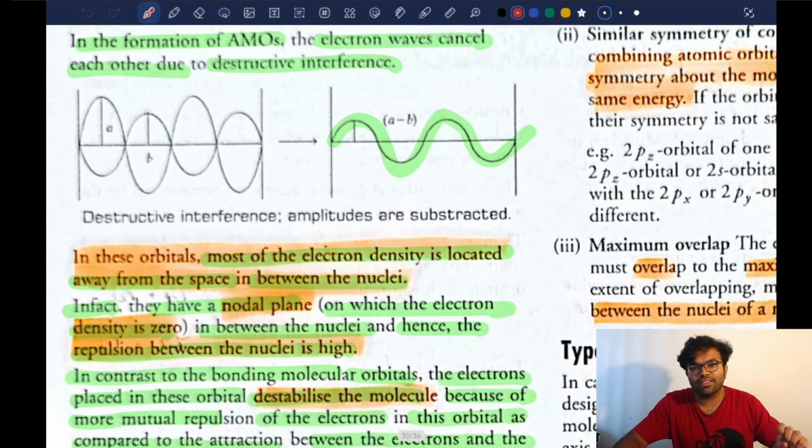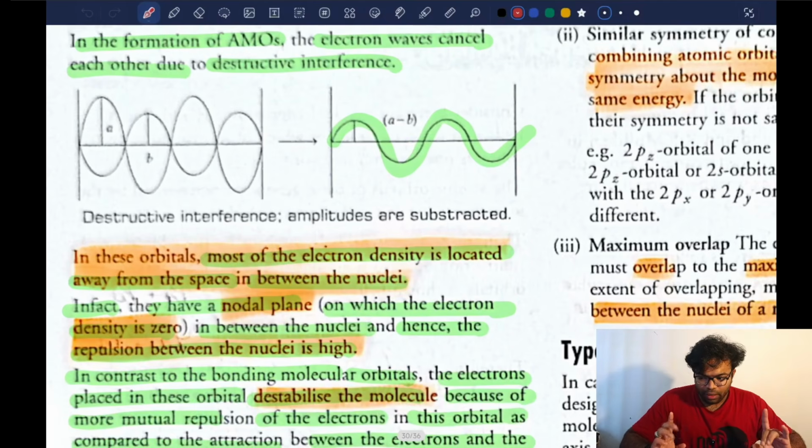But one thing that you have to understand is that you are not creating new energy. New energy is not being created when you are forming a bonding or an anti-bonding molecular orbital, because the energies that both the atomic orbitals had in the beginning, before they combined to form the bonding and the anti-bonding molecular orbital, will be the same as the sum of the energy levels of the BMO and the AMO.